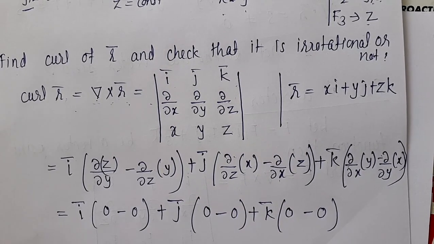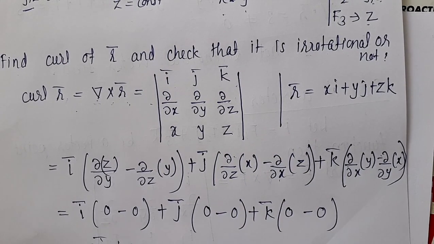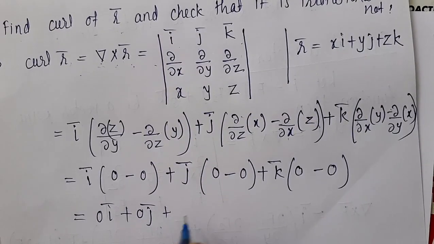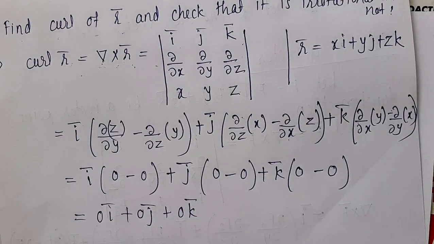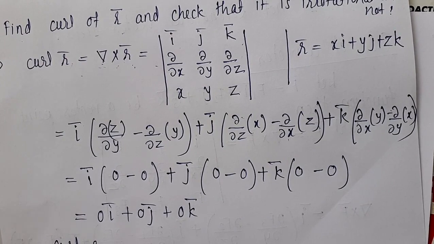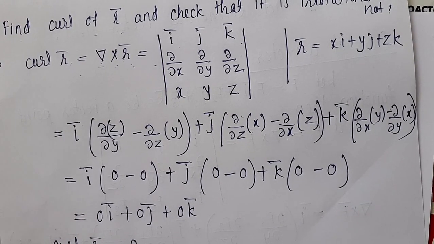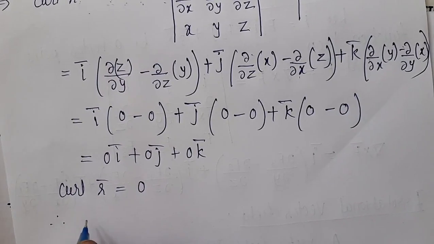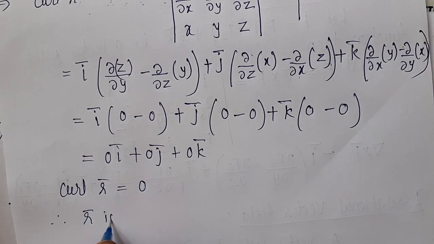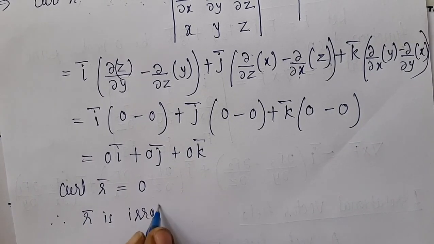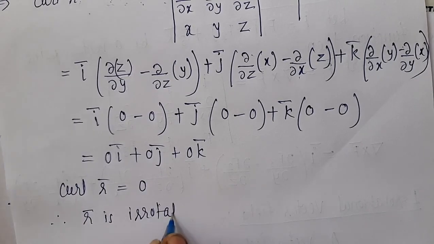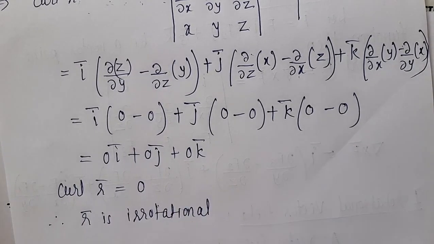So it is equal to 0i plus 0j plus 0k. So the curl of r is equal to 0. It means r is irrotational.